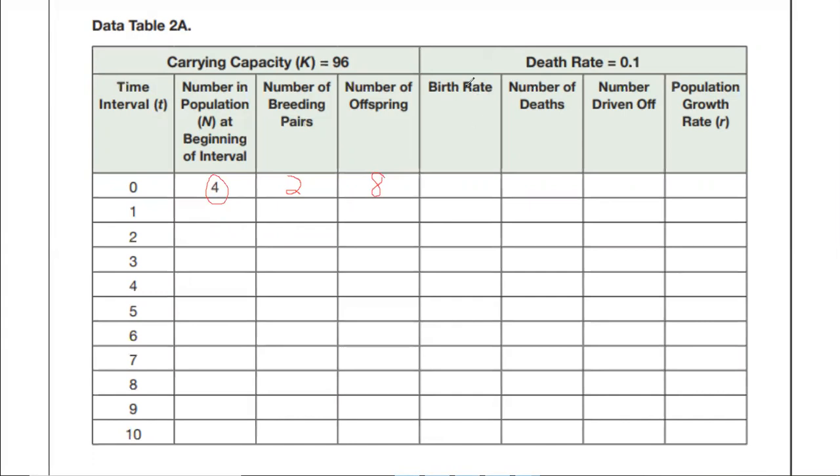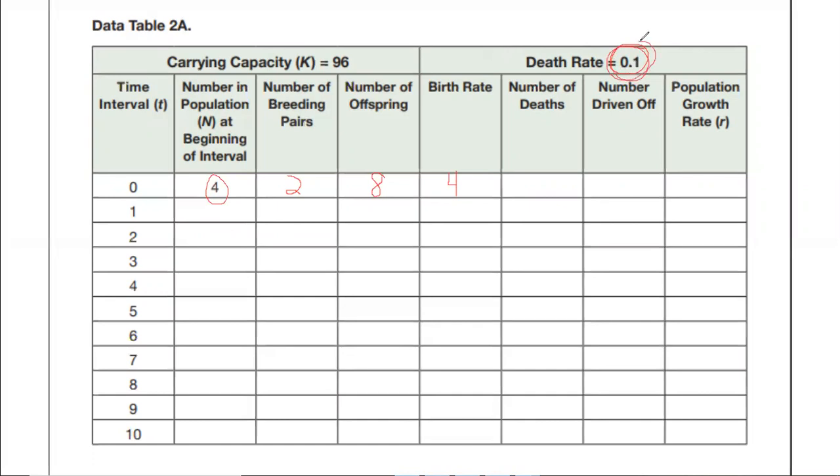To calculate birth rate, it gives you the equation in your lab instructions. And my birth rate there was 4. Your death rate is up here, right? It gives you your death rate.